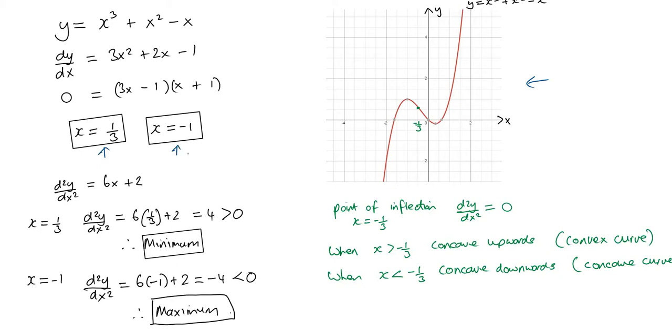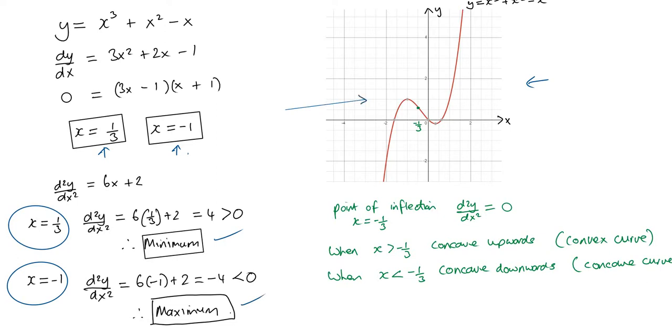When x equals a third, d2y by dx squared is greater than naught, so it's a minimum, and when x equals minus 1, d2y by dx squared is less than naught, so it's a maximum. You can also see it from the plot.